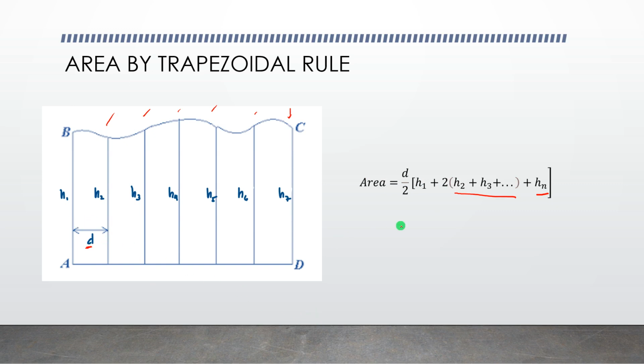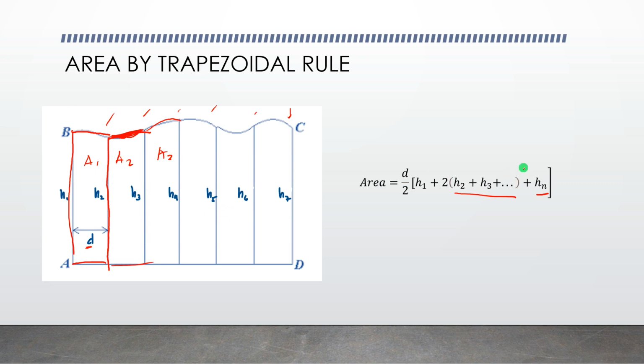This formula is derived by assuming that each strip is a trapezoid. So this is a trapezoid here. We ignore the curved line, this portion, and simply assume that this is a trapezoid. So that formula is just derived from computing the area at each strip.